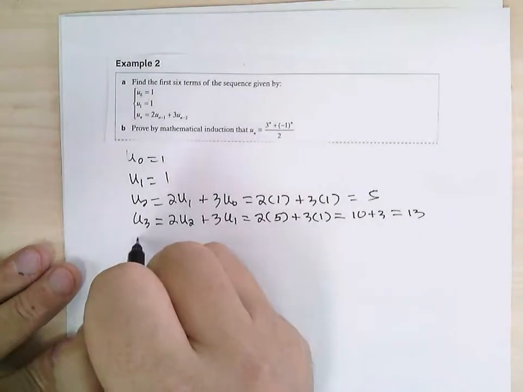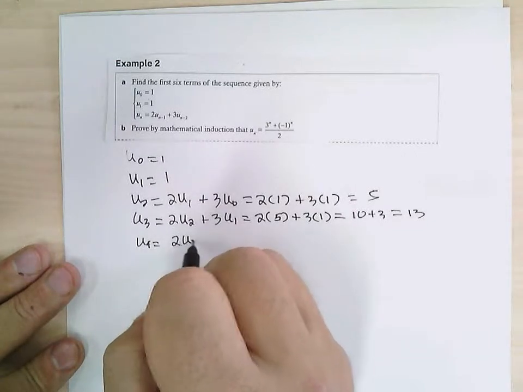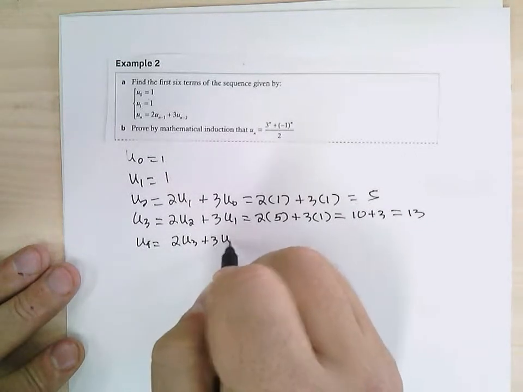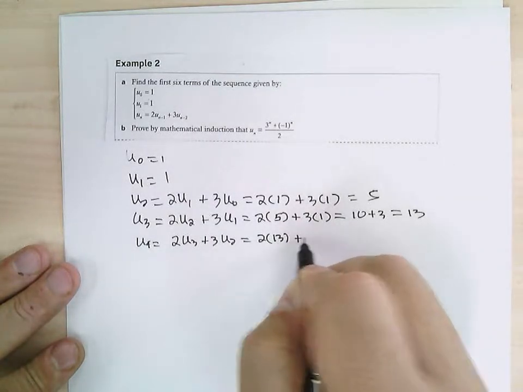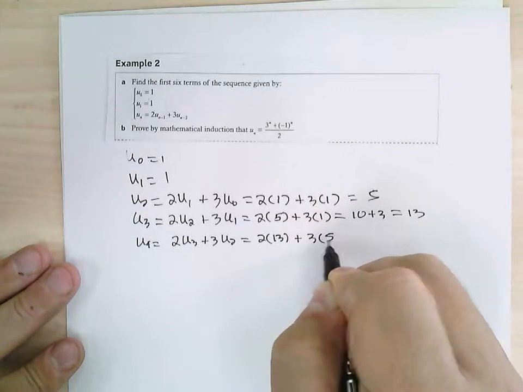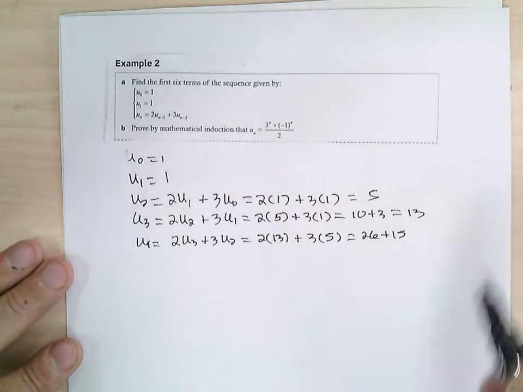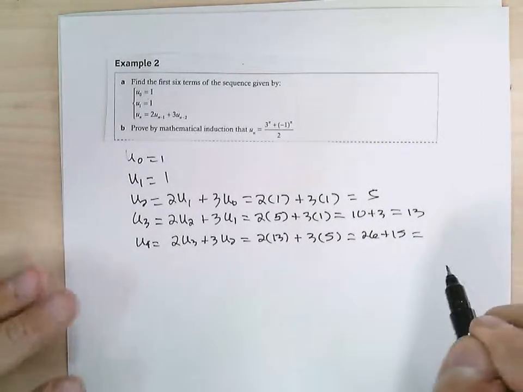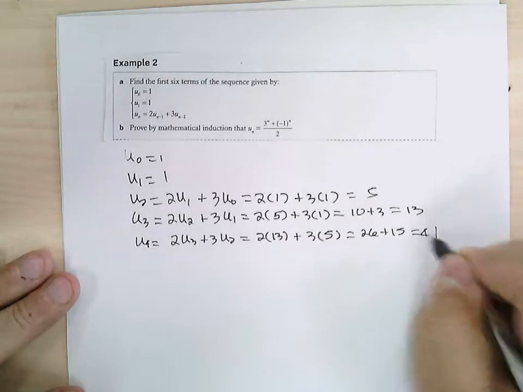And then u of 4 is going to be 2 times u of 3 plus 3 times u of 2. 2 times u of 3 is 13, and then 3 times u of 2, which is 5, and this is going to be 26 plus 15, which is equal to 41.